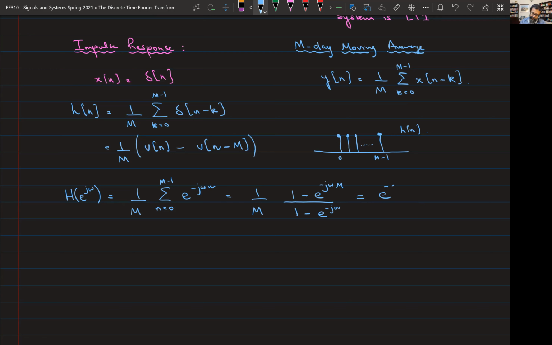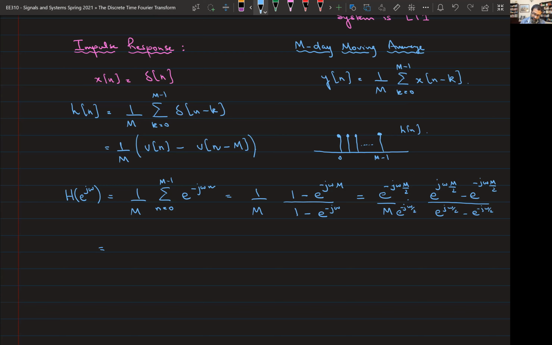I just take e raised to j omega M by 2 as a common factor outside. This becomes e raised to j omega M by 2 minus e raised to minus j omega M by 2. In the denominator, I take e raised to j omega by 2 as a common factor. So this is e raised to j omega by 2 minus e raised to minus j omega by 2. Then what do I get?